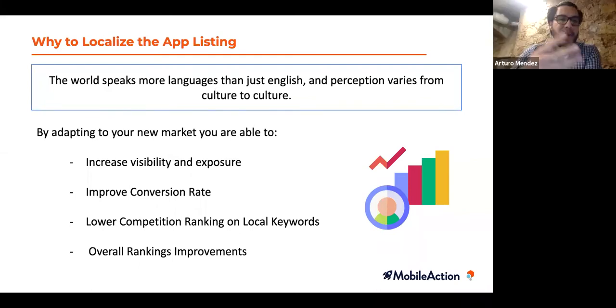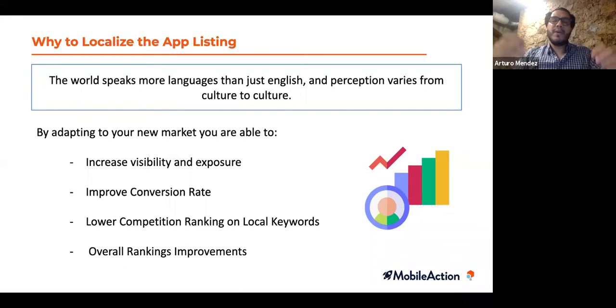And then we have why to localize. It increases visibility and exposure, of course, because you are visible in other languages and countries. It also improves the conversion rate because you can deliver the unique value proposition, why to download your app and its features, in a native language, in a more engaging way. It lowers the competition: when you do keyword research in specific languages, not all the competitors are doing the same, so you're one step ahead of them.